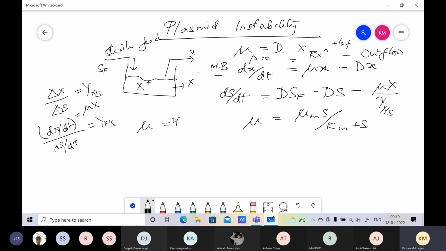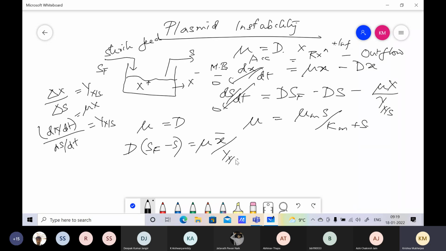Mu is equal to D, and if you remember, these are all steady state, so these are all 0. The second equation, D(sf minus s) is equal to mu x upon Y_x/s, where I'm putting small x because of concentration, and these are all steady state values.